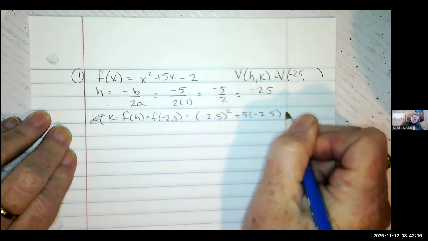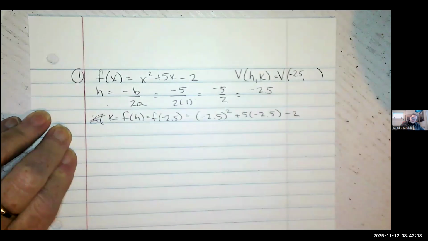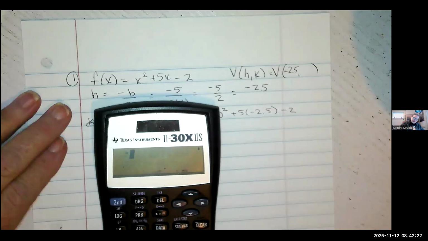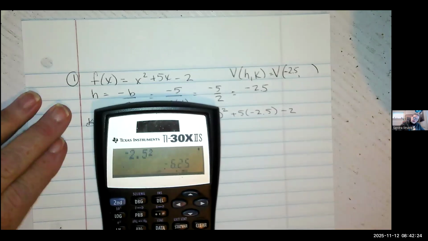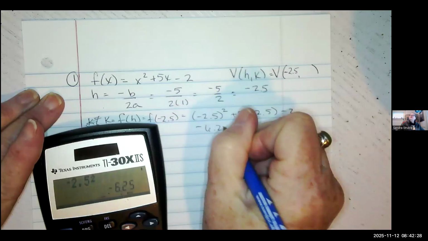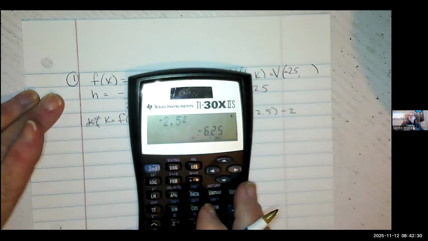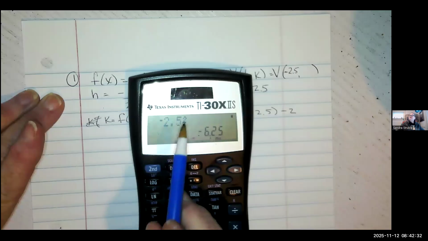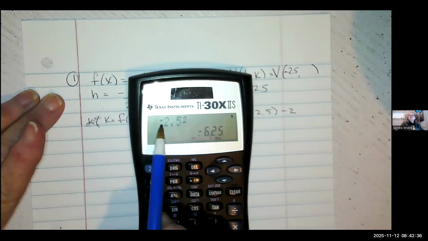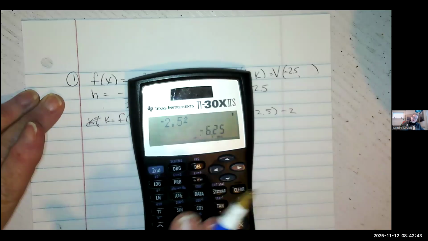Negative 2.5 squared is negative 6.25. Now, what did I just do wrong there? I put in negative 2.5 squared. I did this on purpose. I wanted you to see that if you don't put the negative in parentheses, it's not going to square the negative. So this is wrong.